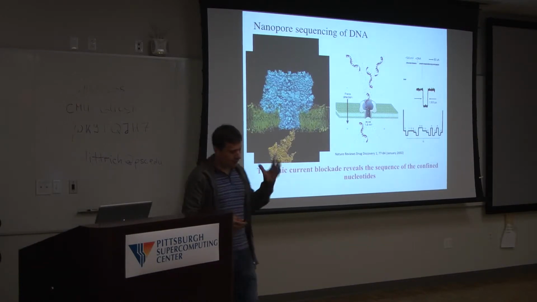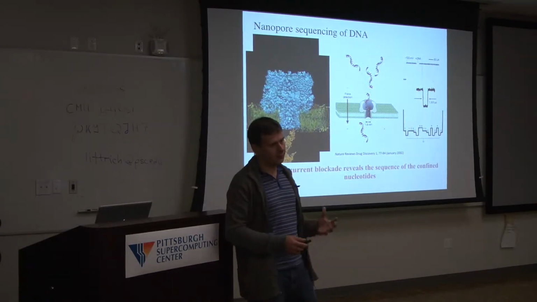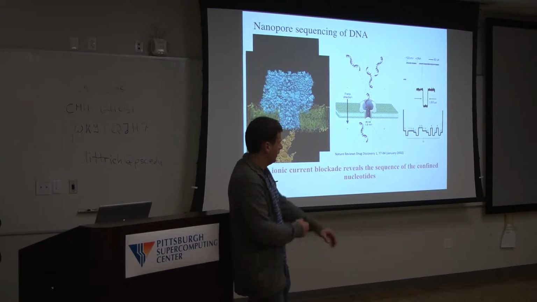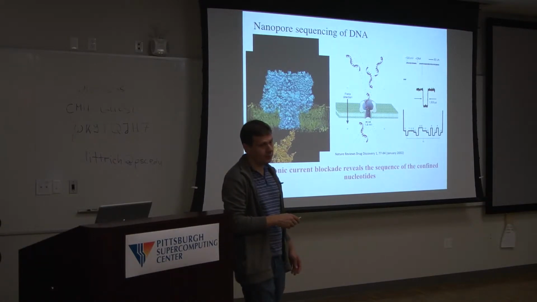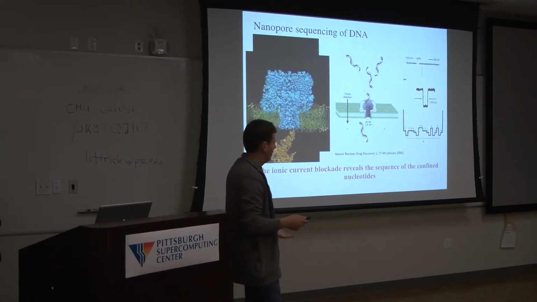All right, so once you have the DNA going from one side of the membrane to the other, how do you read out the sequence? It turns out that while DNA is passing through the pore, it will block the ionic current that passes through the pore. Imagine everything happens in solution. You have dissolved ions, minus and plus, all around. They're not shown here.